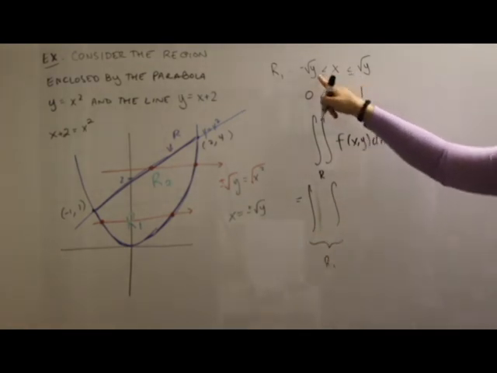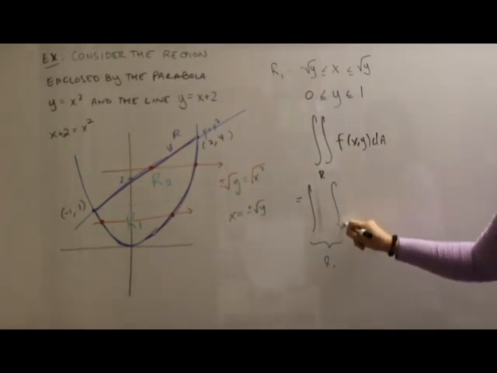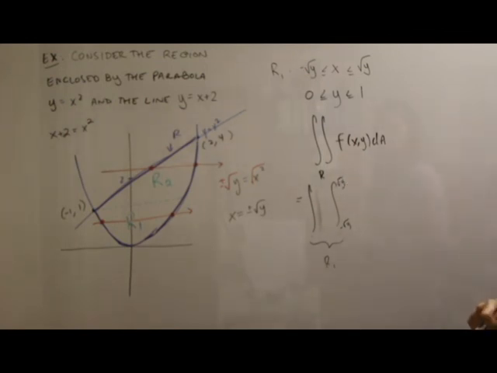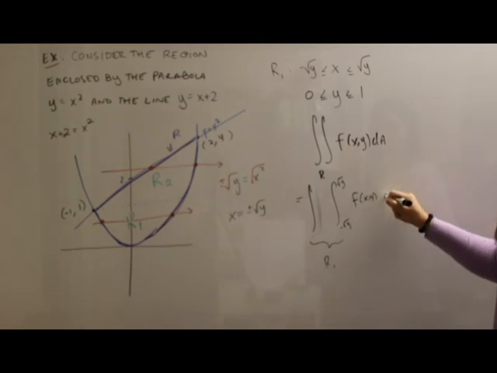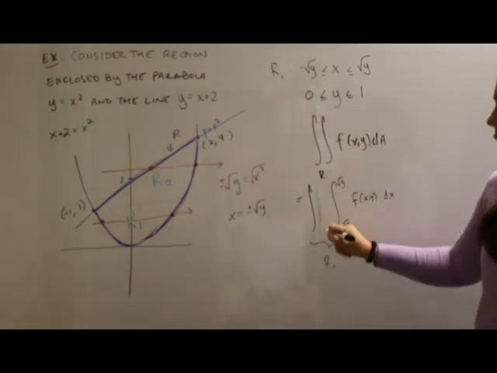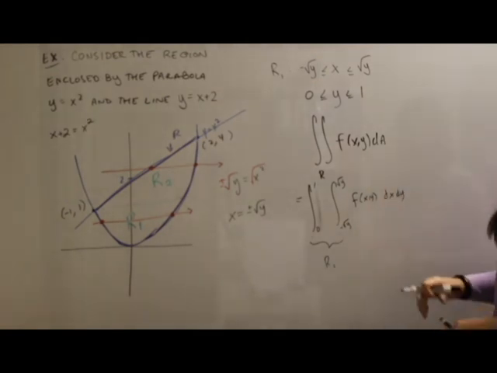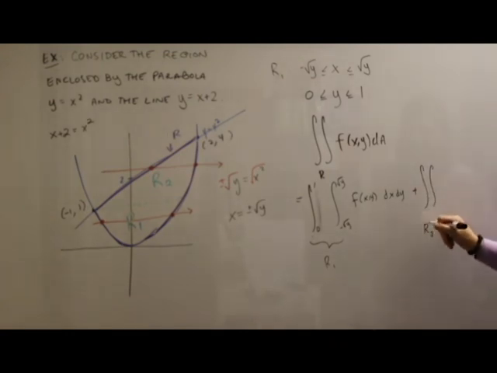For x, the boundaries depend on y, so that's first, that's inside. So the bottom boundary is negative root y, upper boundary is square root y, and we integrate with respect to x first, and then y is between 0 and 1. With respect to y, we integrate second. And then we would add the double integral over the second region, R2.